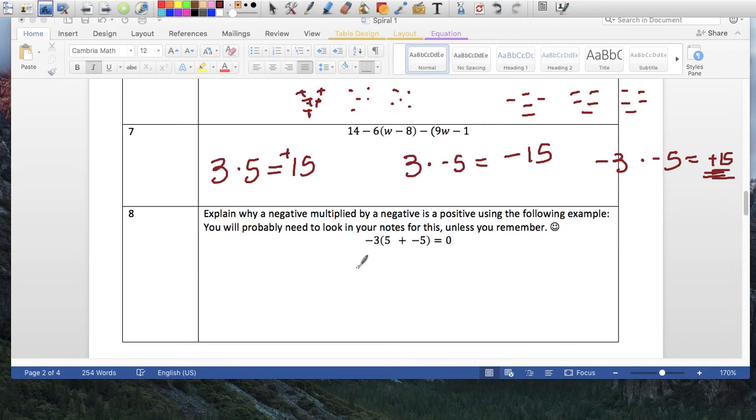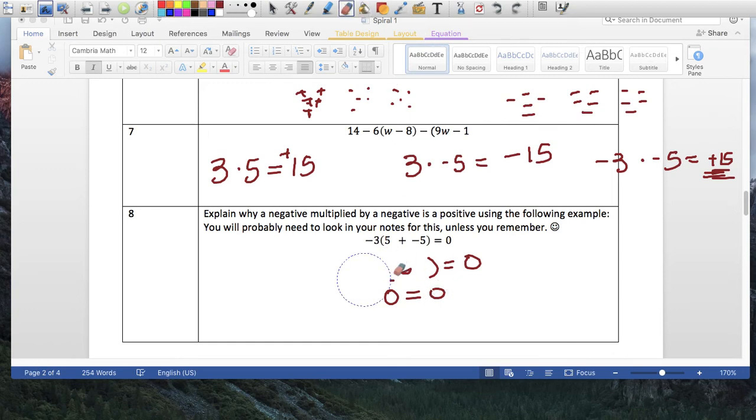Let's see if that's true. Let's do the inside of the parentheses first. 5 plus negative 5 is 0, right? Because it's a positive 5 adding to a negative 5, that's going to be 0. So if I multiply negative 3 times 0, I get 0, and 0 equals 0 on the other side. So I know that this is true.